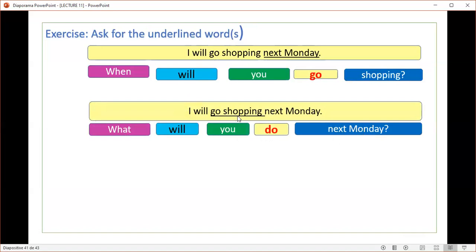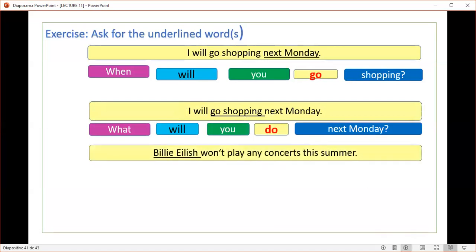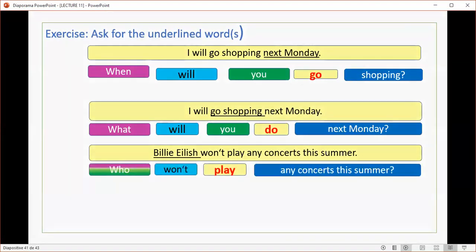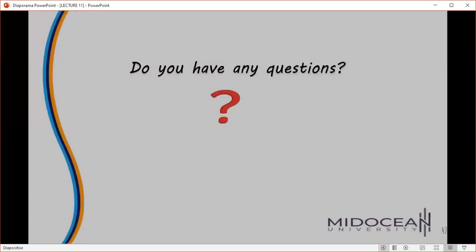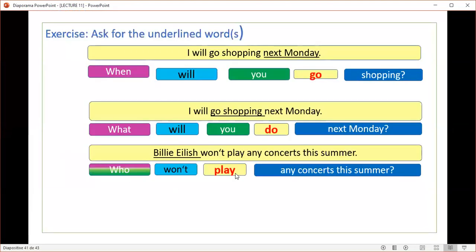I will go shopping next Monday. Who wants to play any concerts this summer? So answer, Billie Eilish wants to play any concerts this summer.